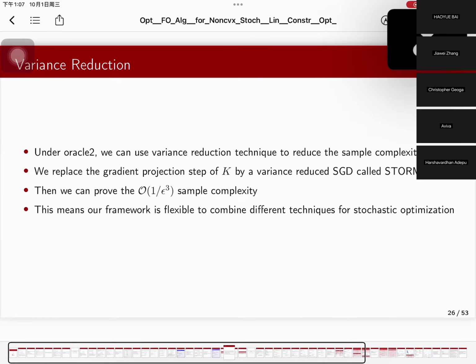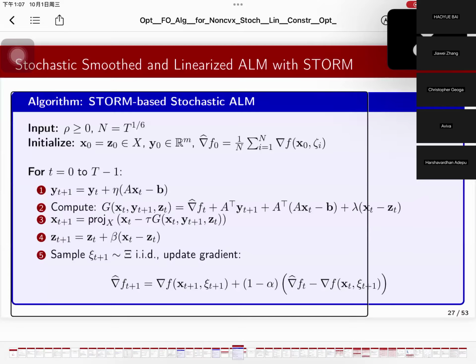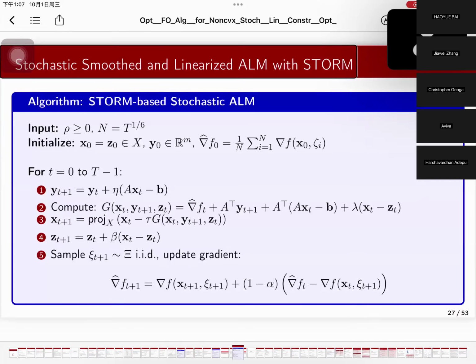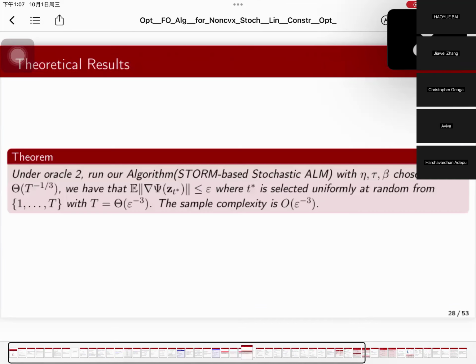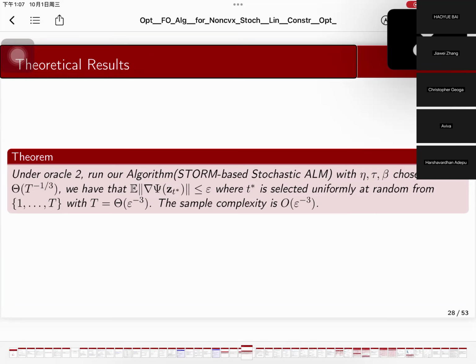We just add this variance reduction technique to the primal variable and still use the same algorithm framework. Finally, we will have 1 over epsilon to the power 3 sample complexity for solving stochastic constrained optimization problems, which matches the lower bound for the second type of oracles.